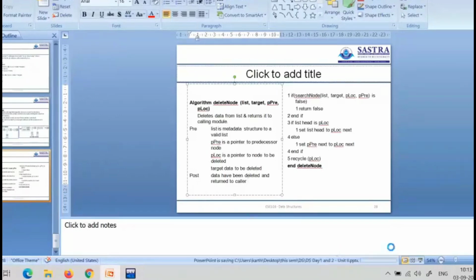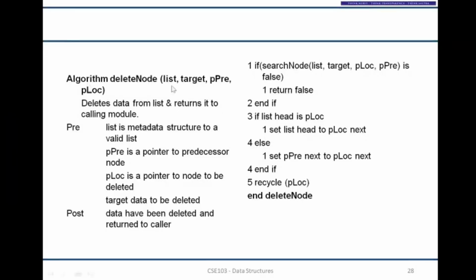Now see here, in the algorithm, we are passing 4 parameters: list, target, predecessor node, and location node. And at the end of this algorithm, the data will be deleted if it exists. And this also returns true or false.